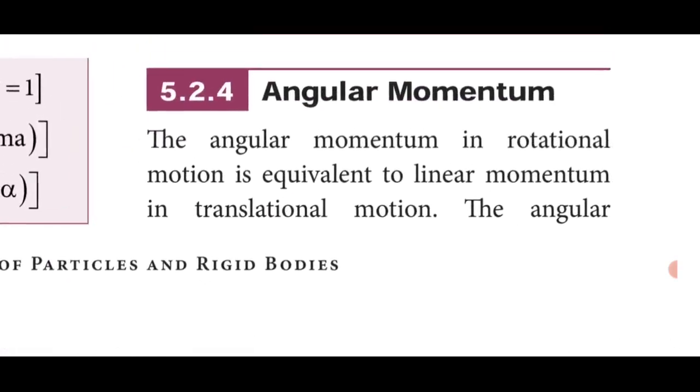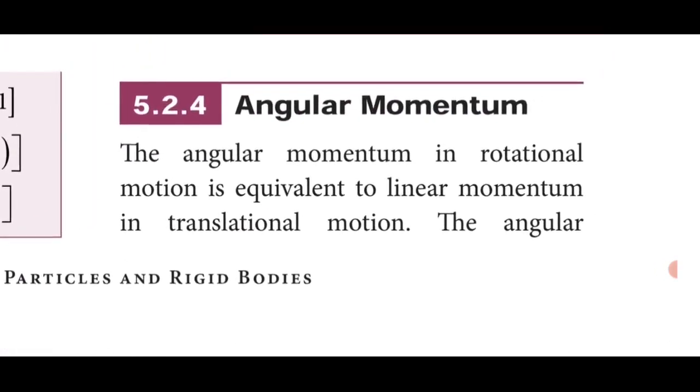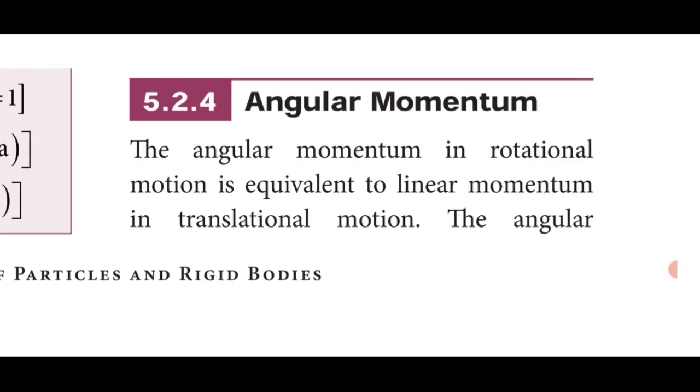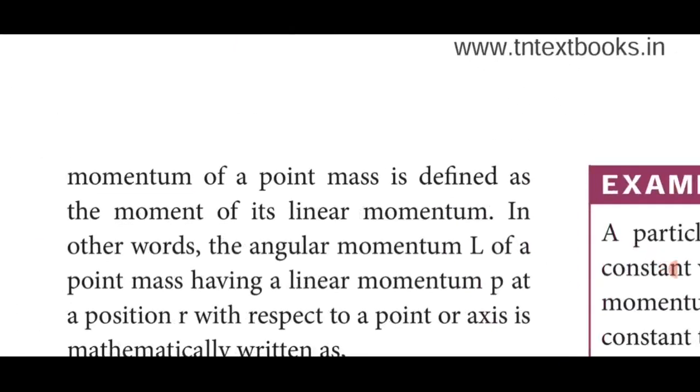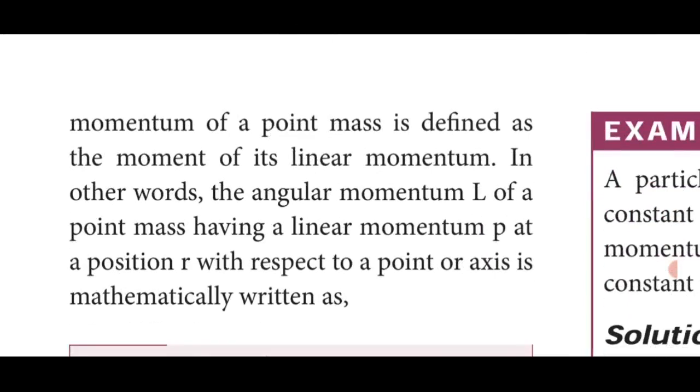The angular momentum in rotational motion is equivalent to the linear momentum in translational motion. The angular momentum of a point mass is defined as the moment of the linear momentum.